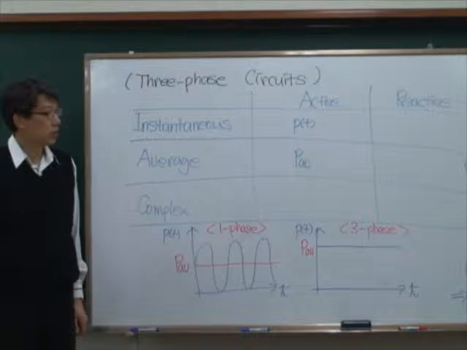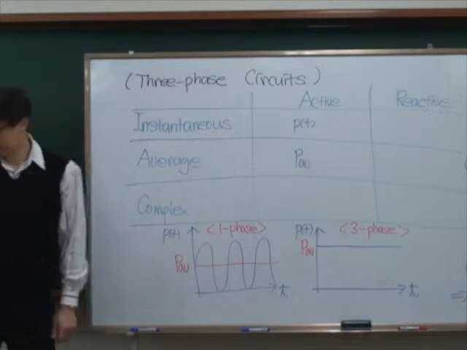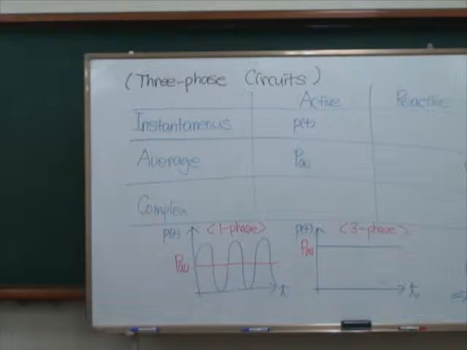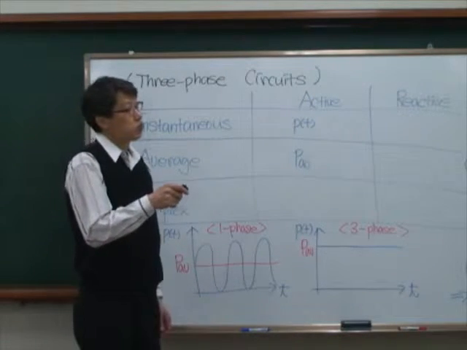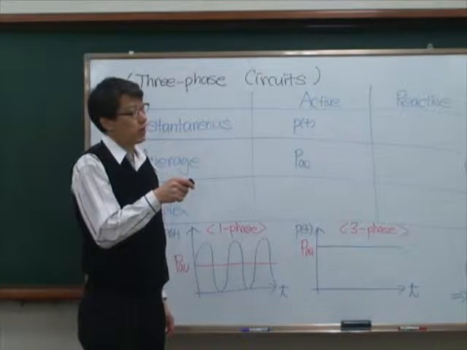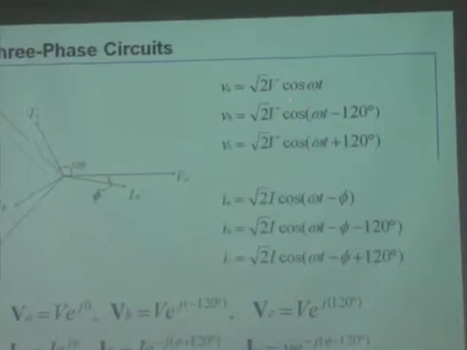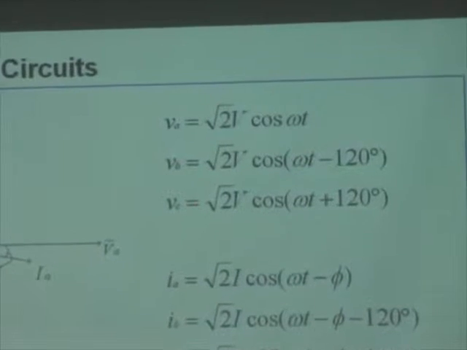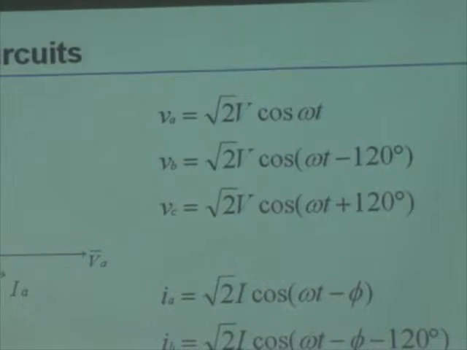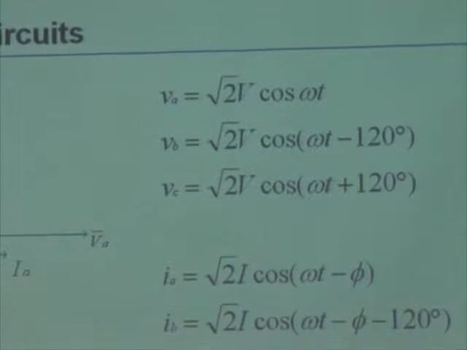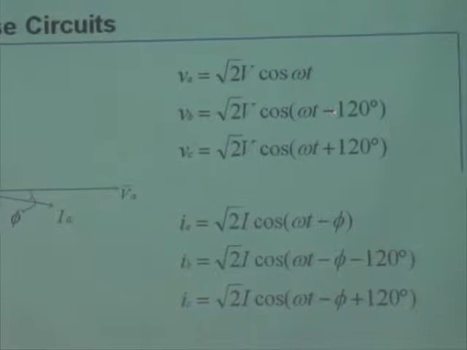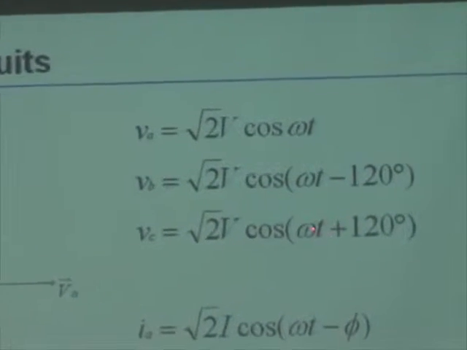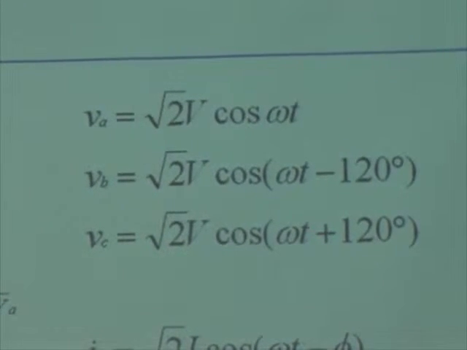So, if I show you in a more exact way, here. So the source voltage will have the same amplitude, and it has a 120-degree phase shift. In this case, we have a minus here, and in this case we have a plus.